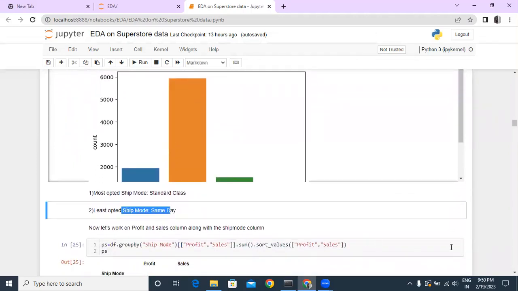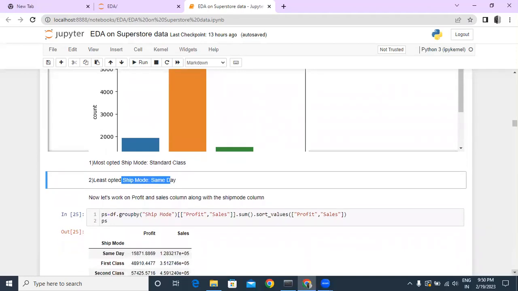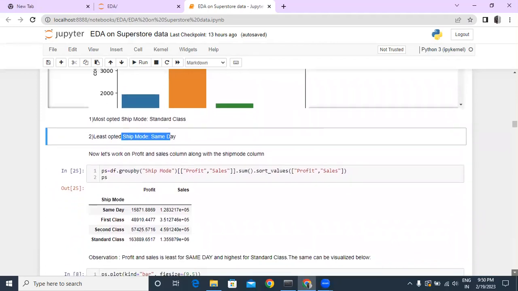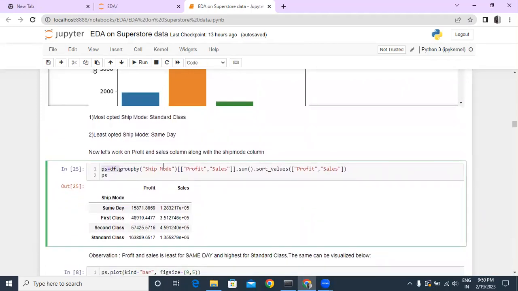Now we will work upon profit and sales columns along with the ship mode column. So we are using our group by command over here, first grouping upon them, and then using the sum over that, and accordingly sorting it also, so that we can get the highest and lowest easily.